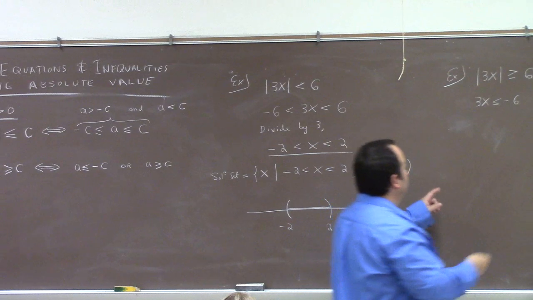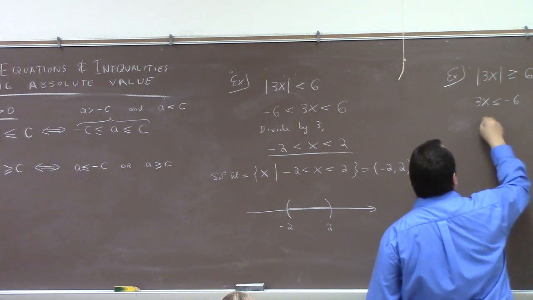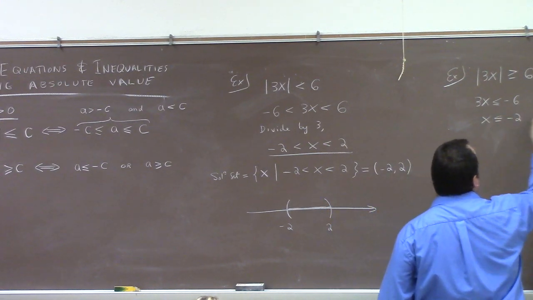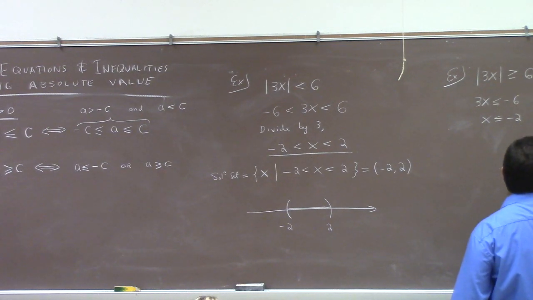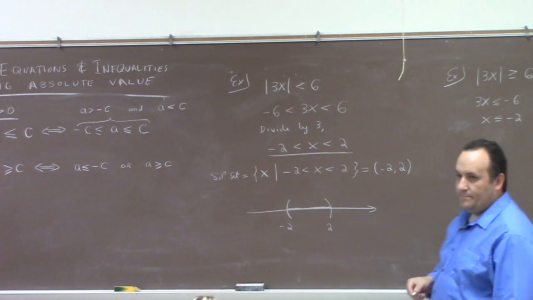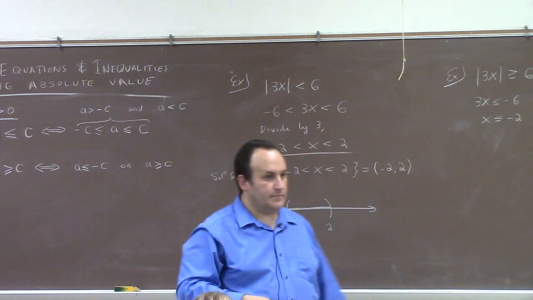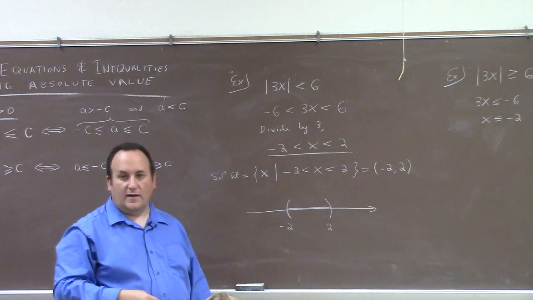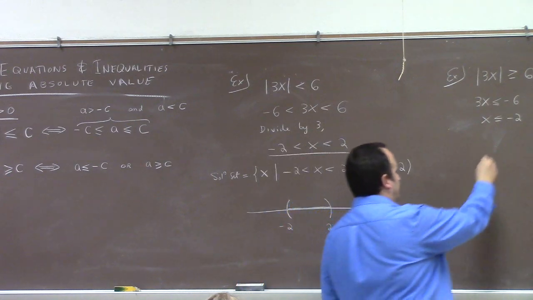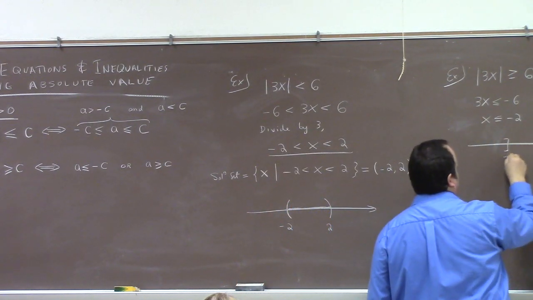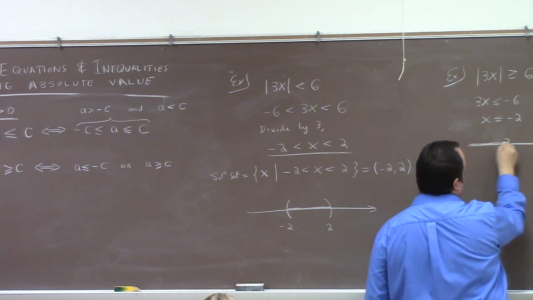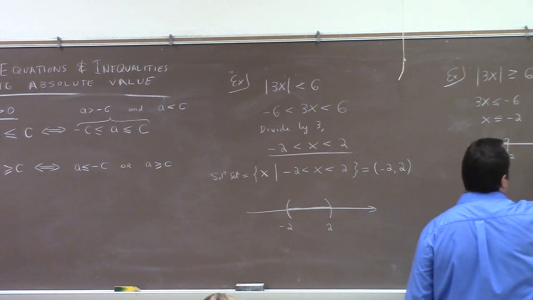So then what? We've got x less than or equal to minus 2, or x greater than or equal to 2. Let me do the number line first this time. So we've got less than minus 2 or greater than 2.